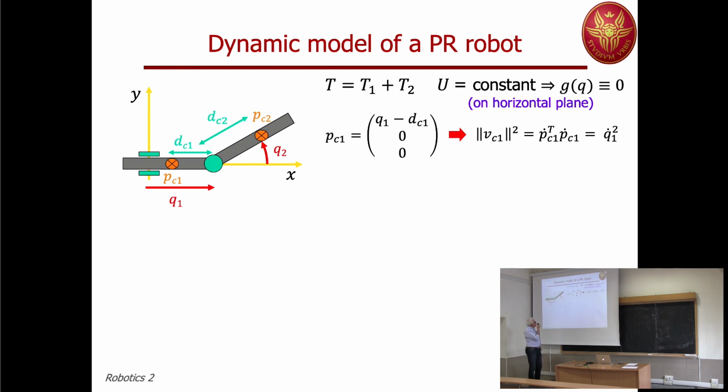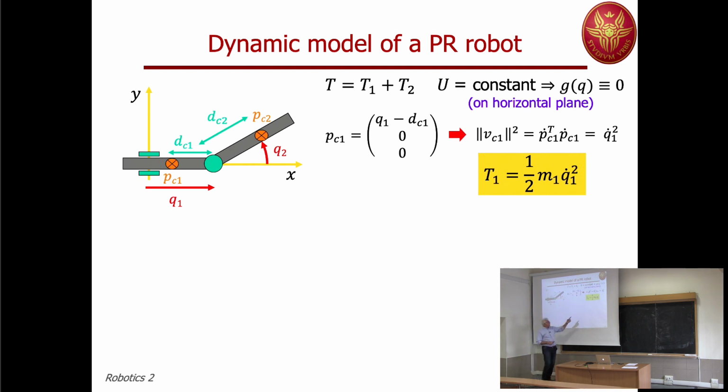So if we take the derivative of PC1, we get VC1, and we get just q1 dot, 0, 0, because dc1 is a constant. And if we take the norm of this vector and we square it, because we are in fact computing the scalar product of VC1 by itself, we end up with just the scalar q1 dot square. So the kinetic energy of the first link, since the first link does not rotate, omega of the first link will be 0, so we don't need to compute anything, no inertia is relevant.